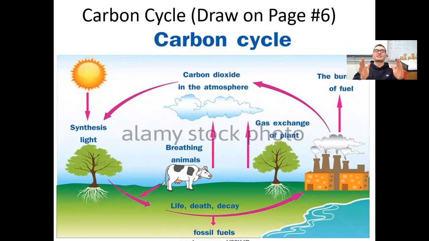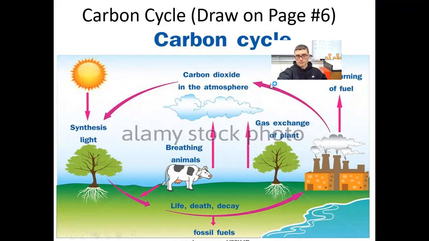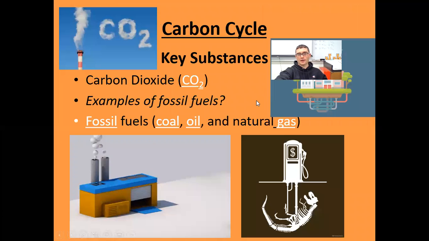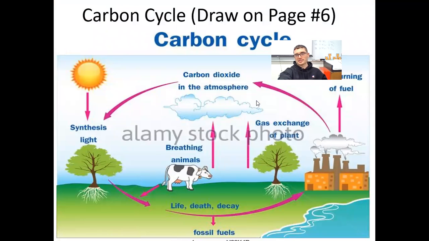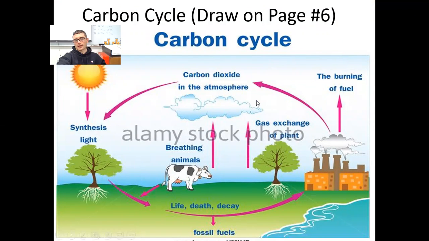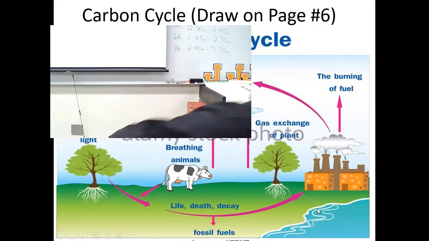Next, what I want you guys to do, again, pause the video if I'm going too fast, is to draw this image on the top half of page 6 of your notebook. Okay, so you guys should be writing this stuff on actually page 7. This is going to be on page 6. Okay, so in my notebook, and it's only going to be on the top half.